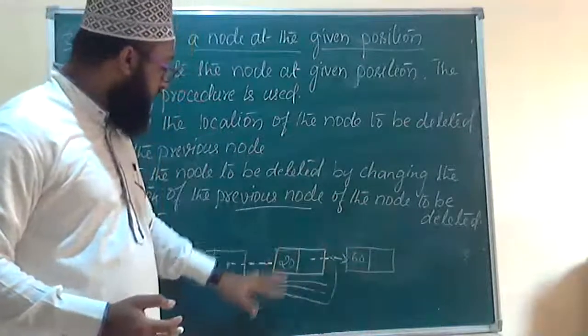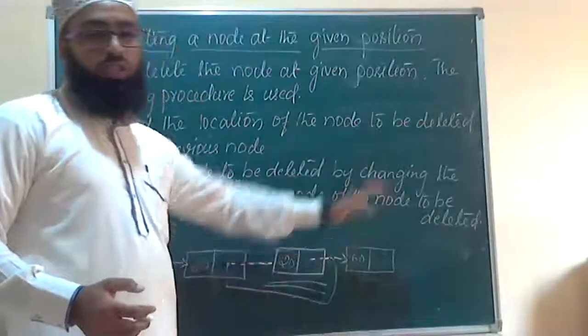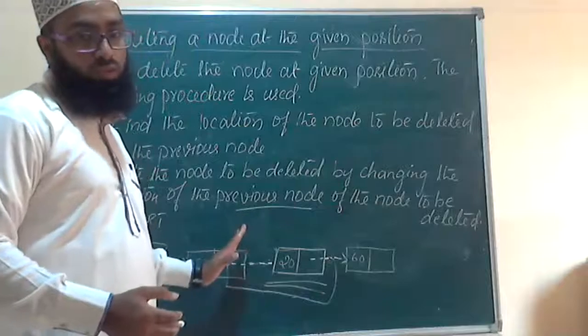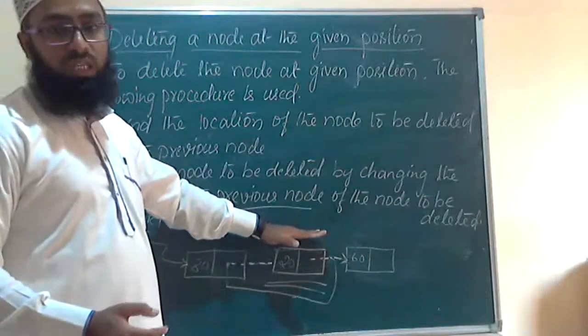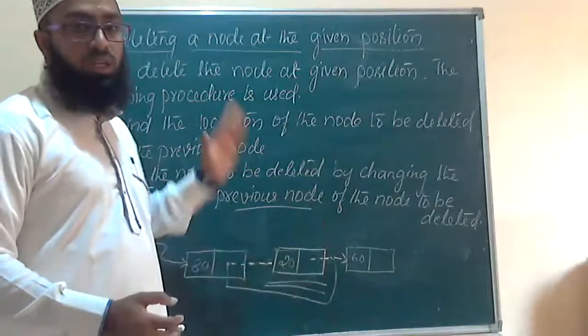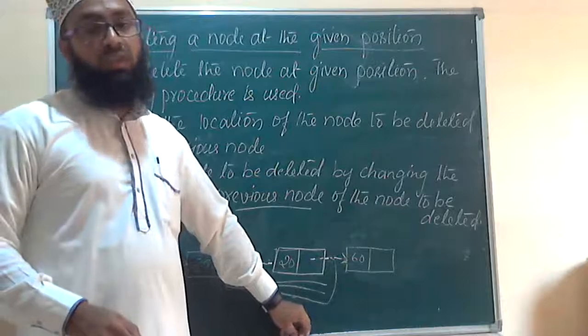Then we need to remove the location from here. Then we have to give the location of the next node to the previous node. At that time, the node will be deleted from the position. Like this, we can delete a node from the given position.